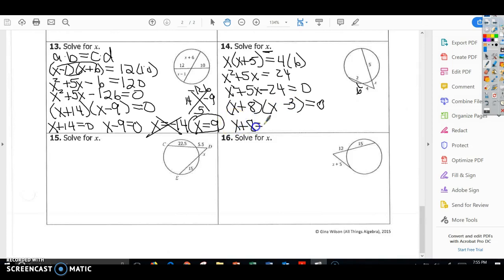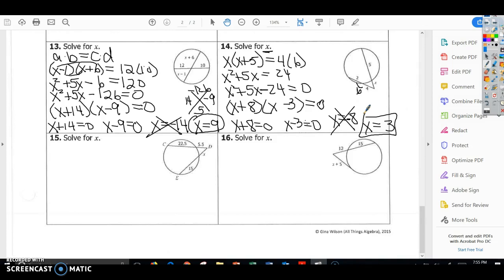X plus 8 equals 0. X minus 3 equals 0. Using the zero product property, again, this is review from polynomials. If I set this equal to 0 and solve, I get x equals negative 8. And I get x equals positive 3. Again, it can't be negative. Cross that one out. We get our one solution, x equals 3.